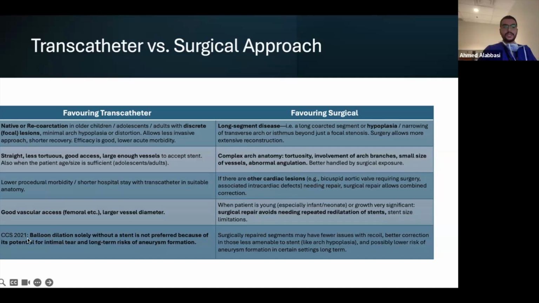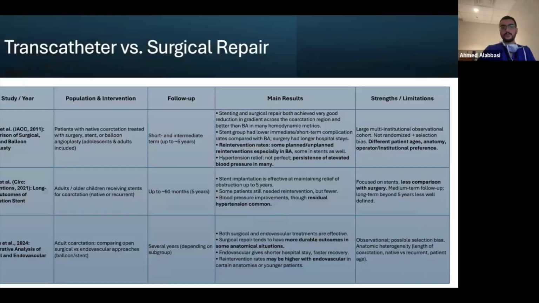We did mention the CCS guidelines that balloon dilatation without a stent is not preferred, as there is a risk of intimal tear and a long-term risk of aneurysm formation. So we prefer to keep a stent in there. These are the main factors that would favor either a transcatheter or a surgical approach.